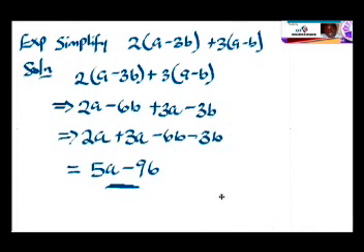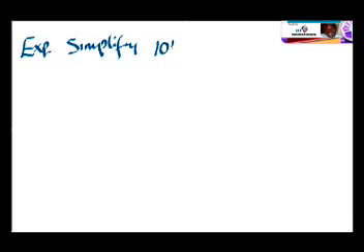We can still take another example, and this one here says simplify. This is another example, and it says simplify 10t minus 8 bracket 3 minus t.